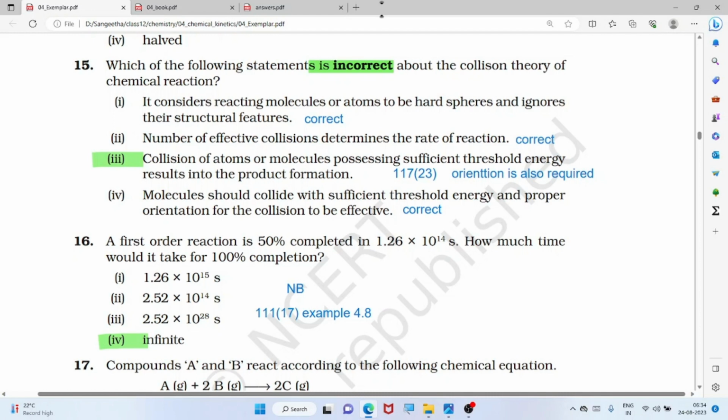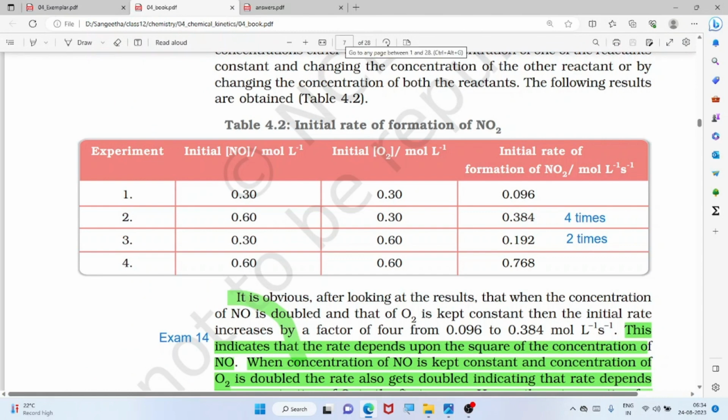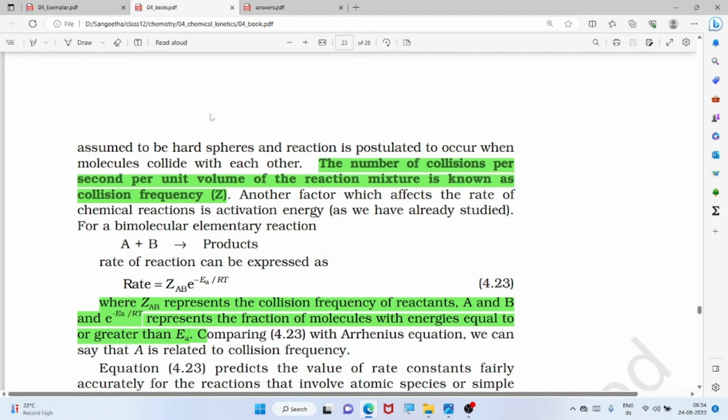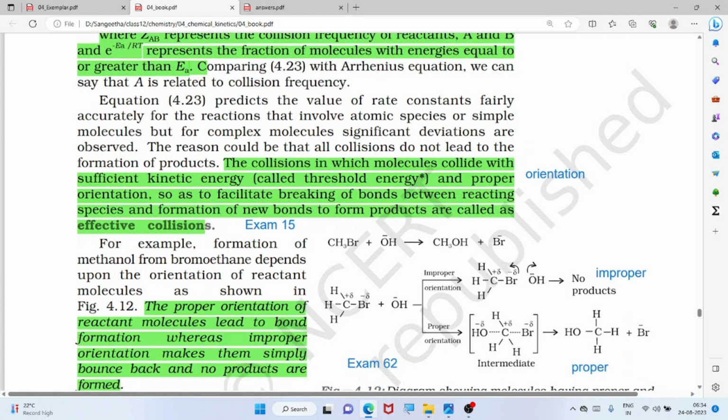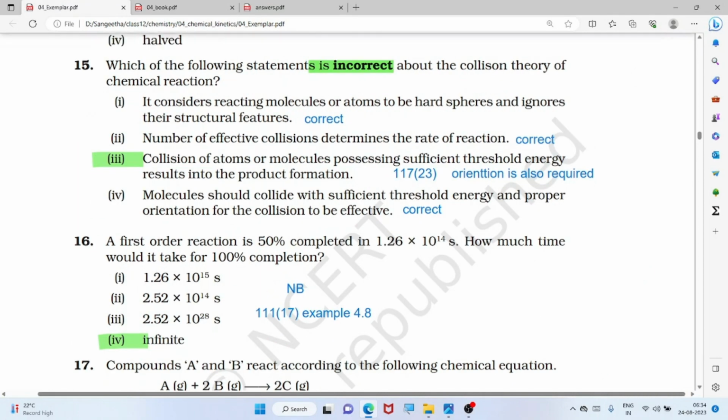Okay, so this is incorrect because we are missing the orientation here. Orientation also is required, and the molecules should collide with sufficient energy. This is correct. So it is 23. With proper orientation, that is missing in that statement.